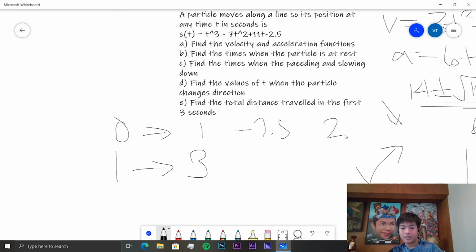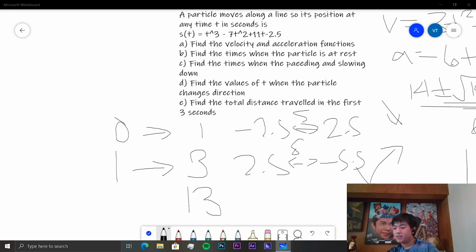We're at positive 2.5 meters. And then from there, we travel to 27 minus 7 times 9 plus 11 times 3 minus 2.5. We're back at negative 5.5 meters. So here we travel 5 meters, and here we travel 8 meters. So we should travel, I think, 13 meters in total.